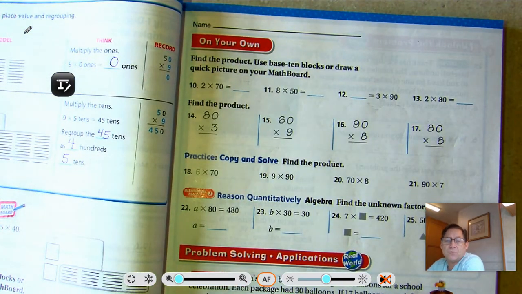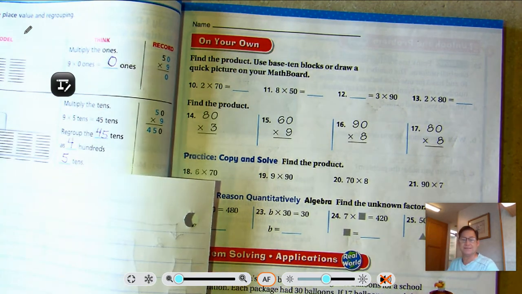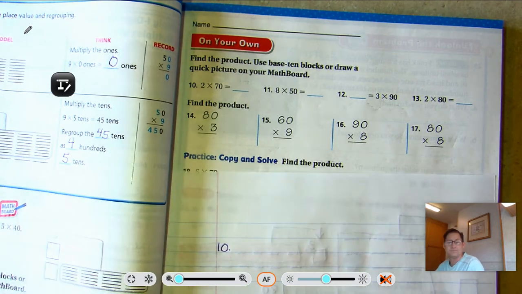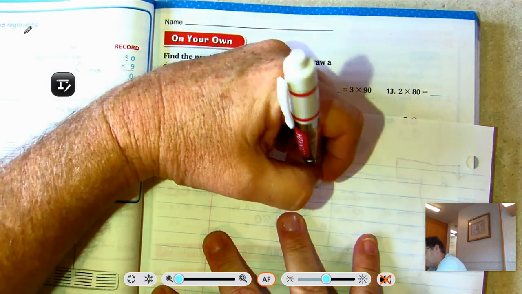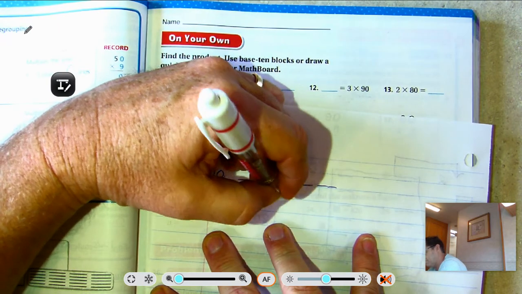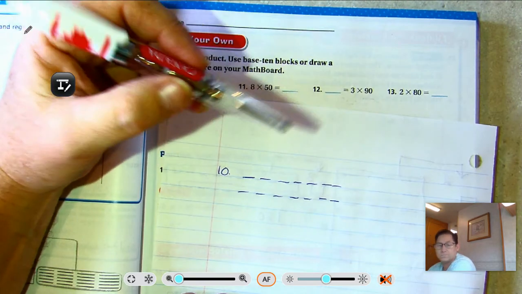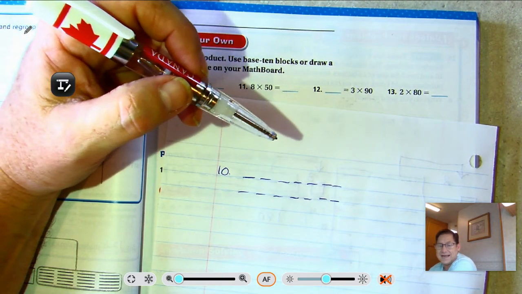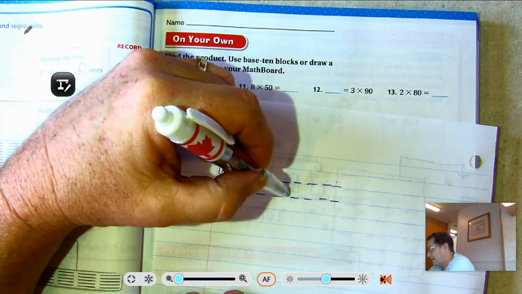All right, number 10. Use base 10 blocks or draw a quick picture. 2 times 70. Okay, so I'm going to draw a picture of 2 times 70. Okay, and I'm going to circle as many groups of 10 as I can. 10.